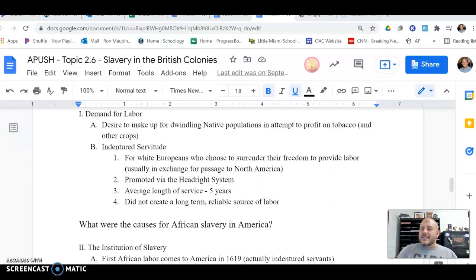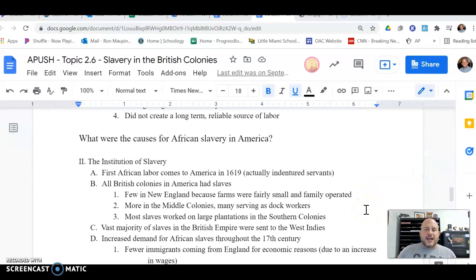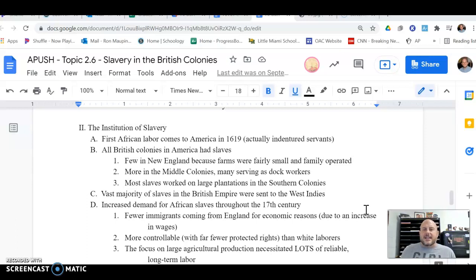And when you add all this up, we see another shift in the type of labor source that's going to be utilized in the colonies, and that is going to be coming from West African slaves. The first African slaves will be brought over in 1619, even though these folks were actually indentured servants, not technically slaves in the modern sense that we think of.